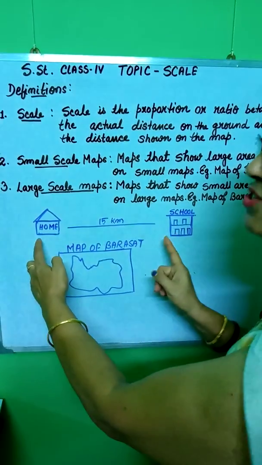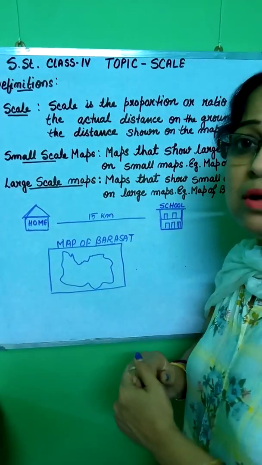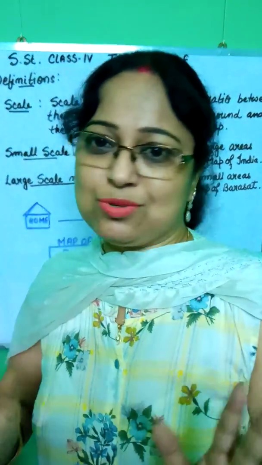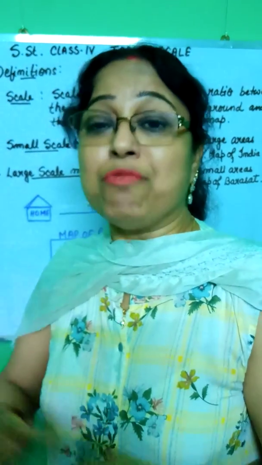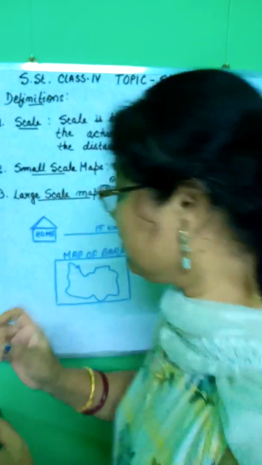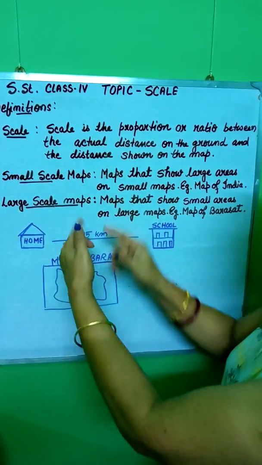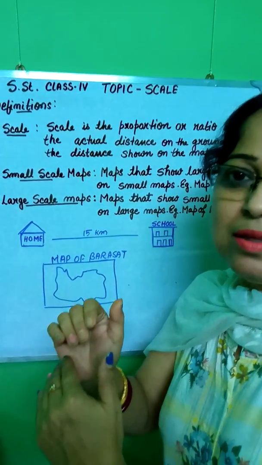But this distance we cannot show on the map, because then we need a large size of paper. That is not possible. So what does a cartographer, a map maker, do? They take a small size paper and they give a ratio between them.